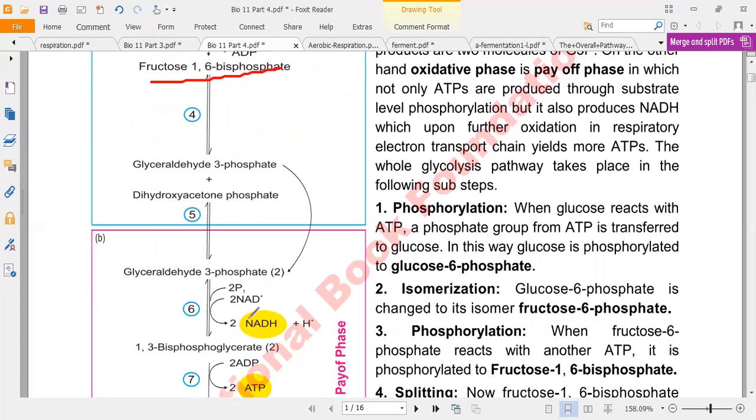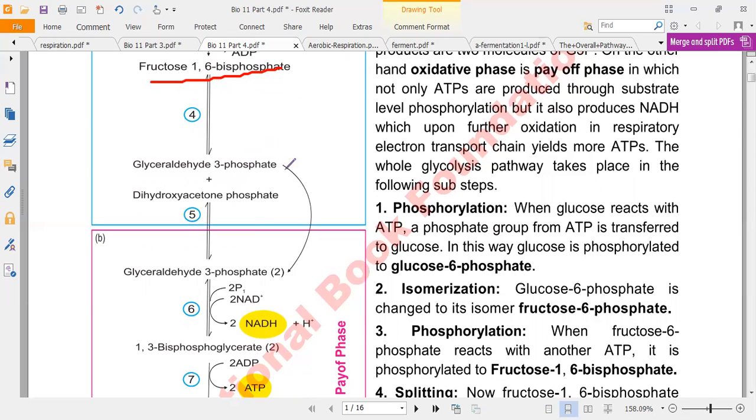Then, actually, fructose 1,6 bisphosphate is going to split into three carbon compounds, because fructose is a 6 carbon compound.